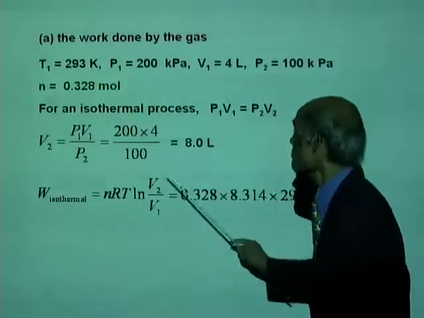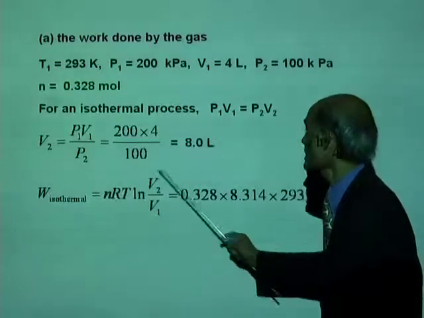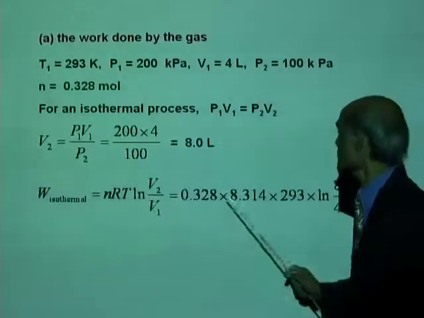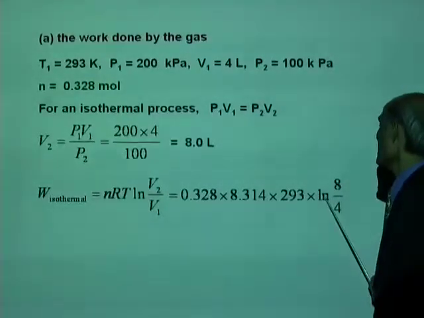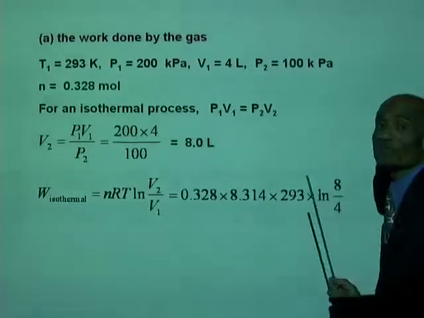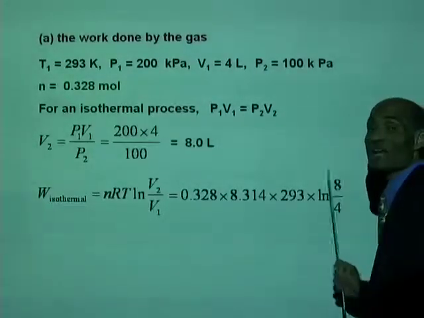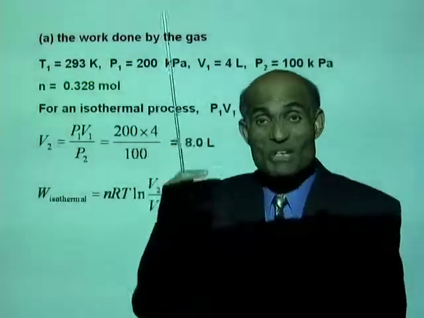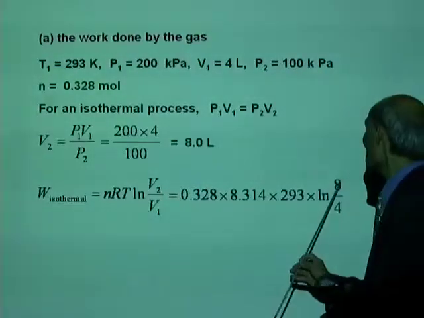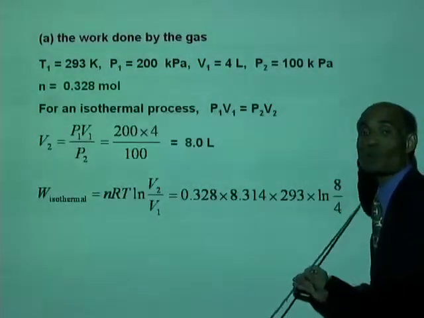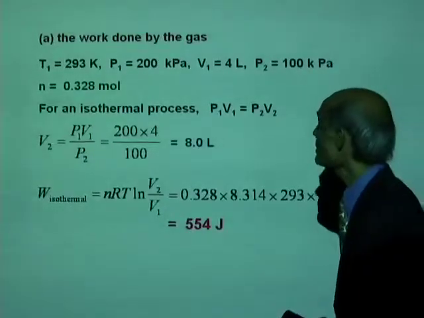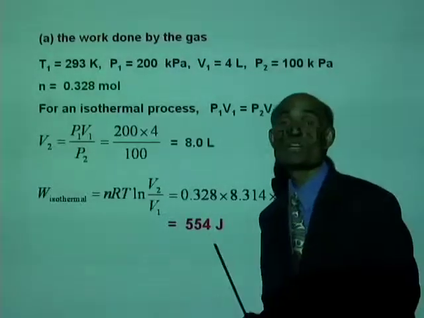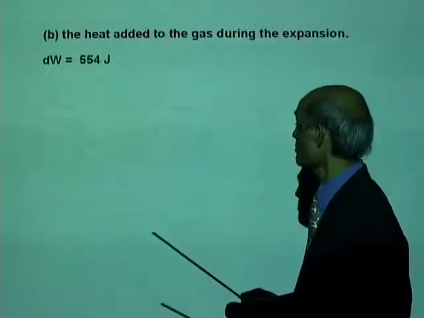That will be, the number of moles is 0.328, R is 8.314, T, the temperature, is 293, times ln V2 over V1. You can see, again, I left them in liters. Does it make any difference? No, because it's a simple ratio. So I can leave it in any units as long as both are of the same unit. And that gives me the work done is 554 joules. That is the work done in that isothermal process.